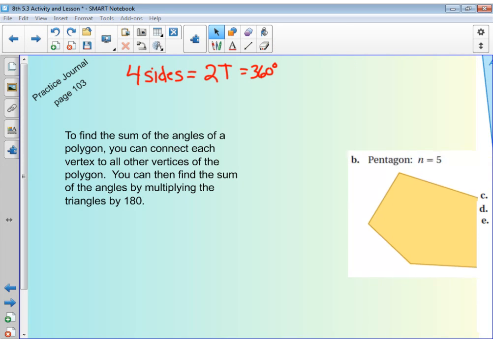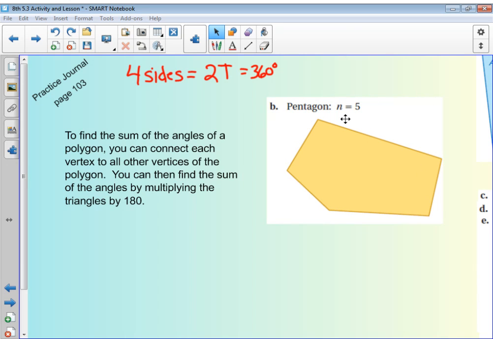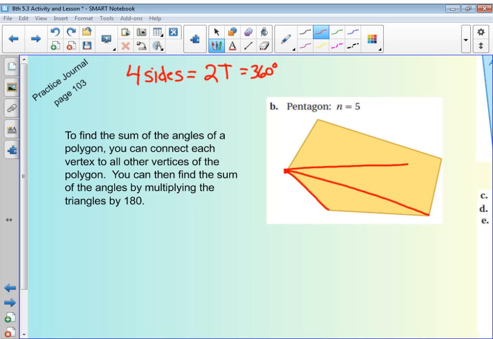Okay, so let's look at letter B. You're doing the same thing that I'm doing on the screen here. Letter B, I have a pentagon, a 5-sided figure. Pick one of the vertices. I'll pick this one, and you're going to connect to each of the other ones. Already connected. Connected now. Connected. Already connected.